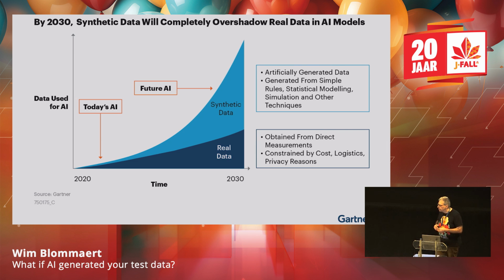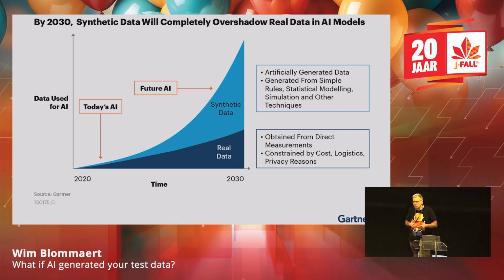As far as Gartner goes, Gartner has this vision that by 2030, most of the data used for training models in data science, not software testing, will be synthetic, which could or could not be true, I don't know. But for testing, it might also go that way.